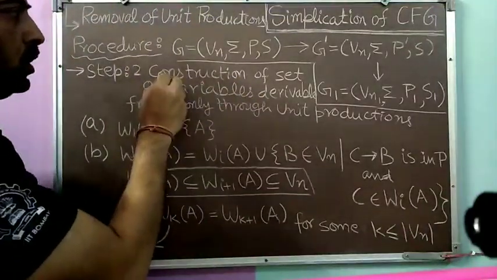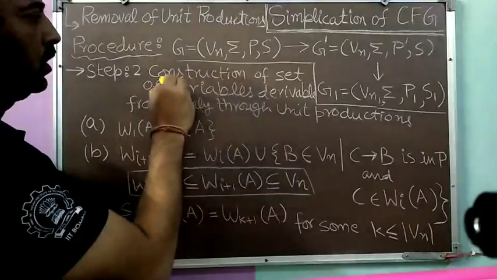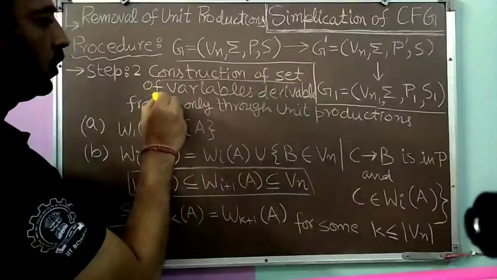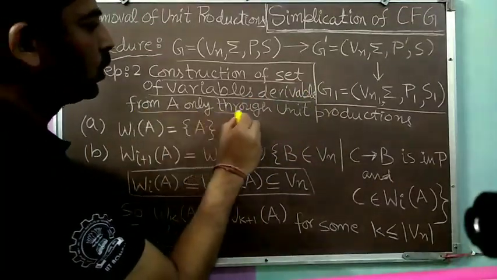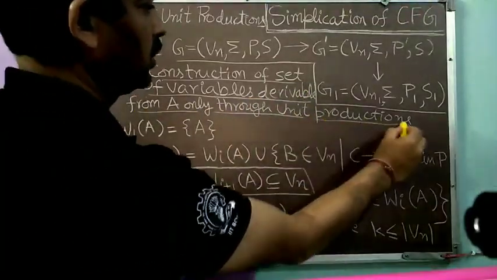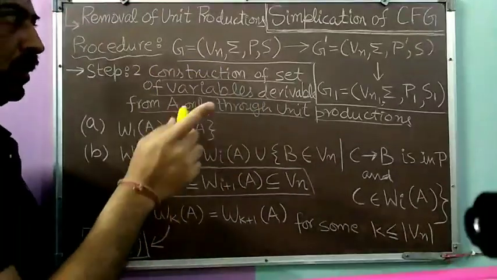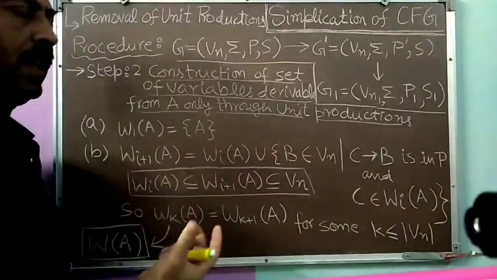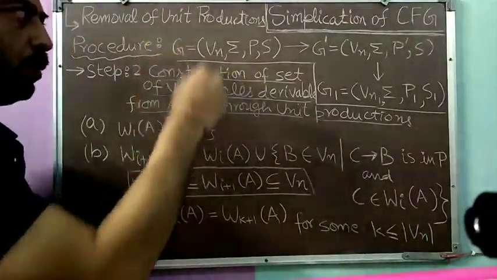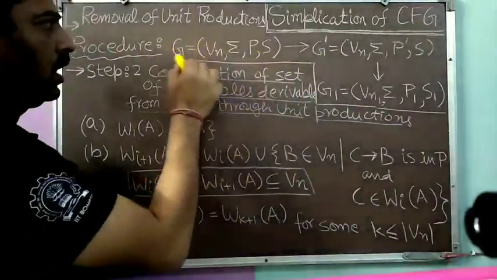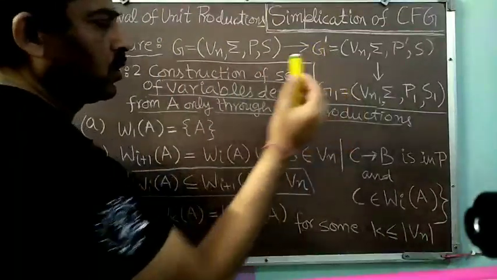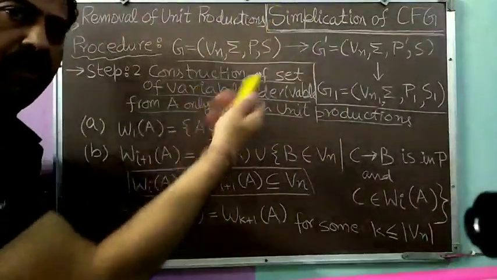Step 2 is the construction of the set of variables derivable from A only through unit productions. We will again construct a set, which we will call W of A. Suppose there is a variable A, either from the grammar G, G dash or G1, whatever grammar we are having from step 1.